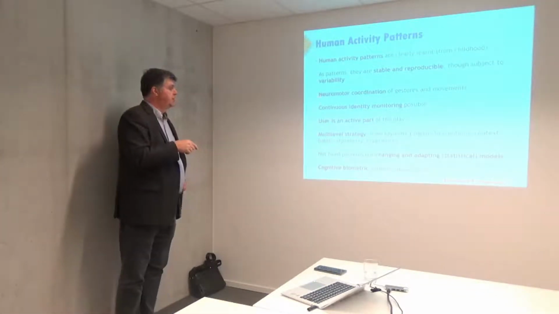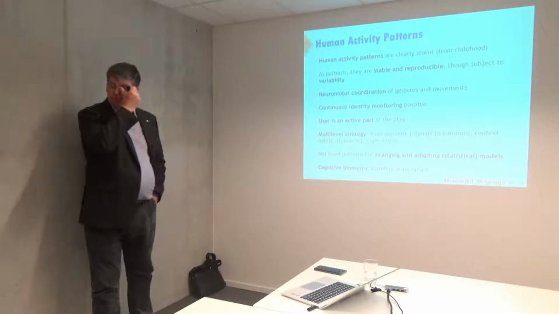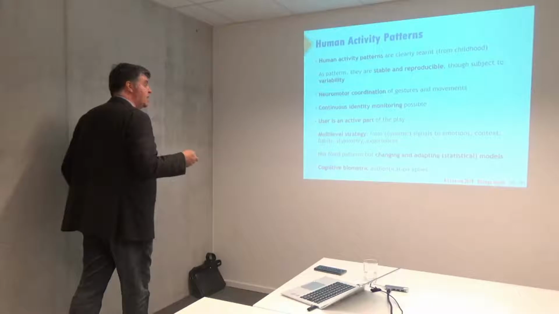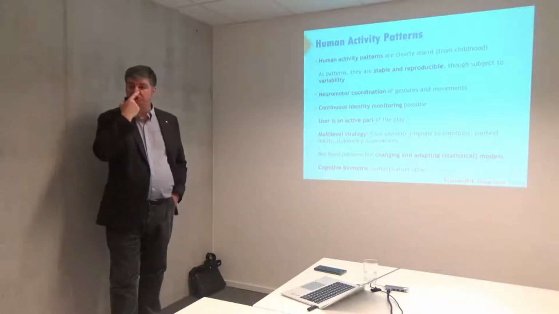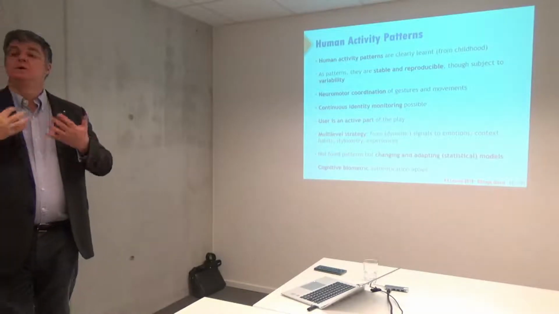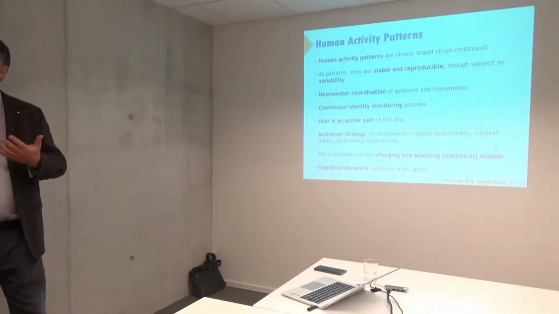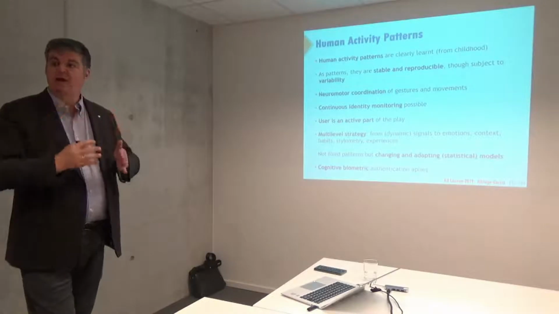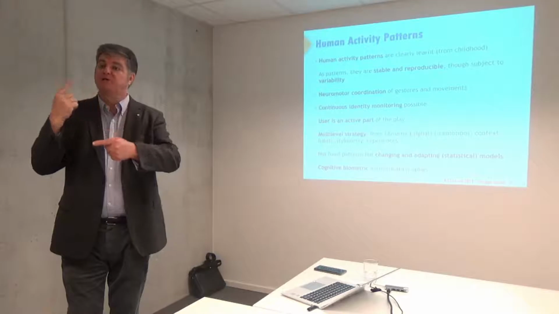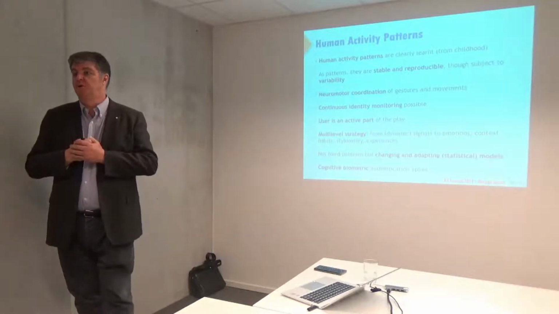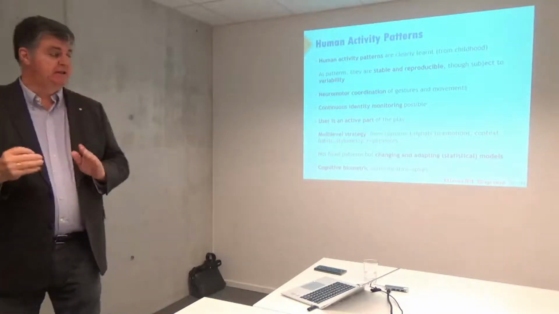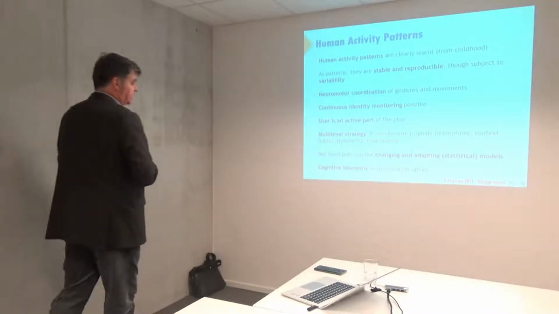Of course, there is a neuromotor coordination of gestures and movements, but continuous identity monitoring is possible. You can always go on and check whether the person is there or not. Perhaps you entered the system and there was an identity change afterwards. You can check that with continuous identity checking.